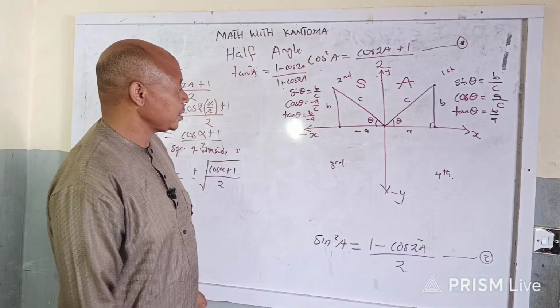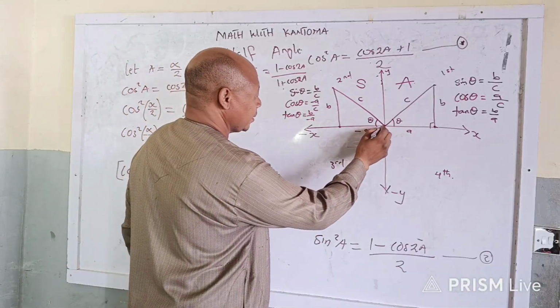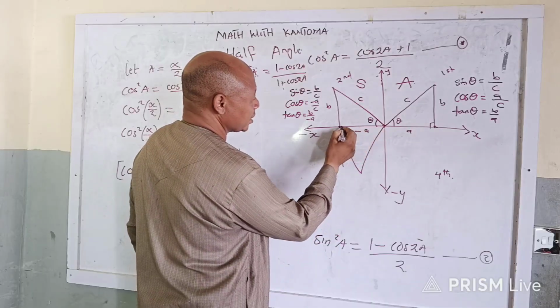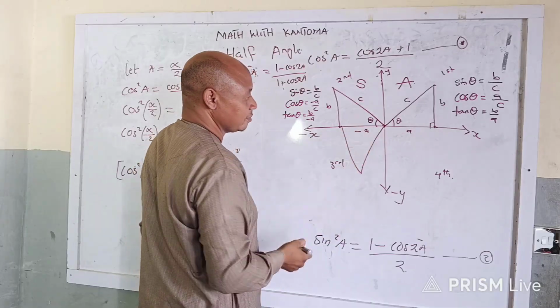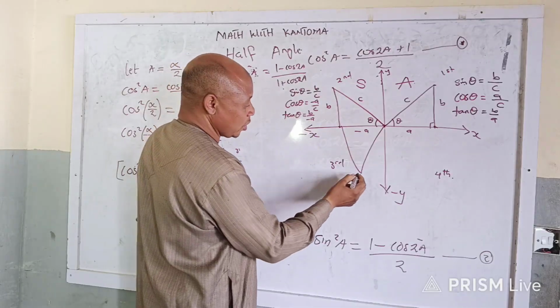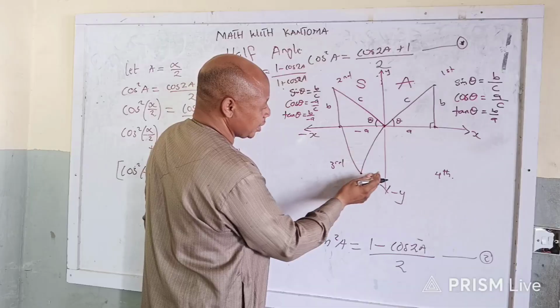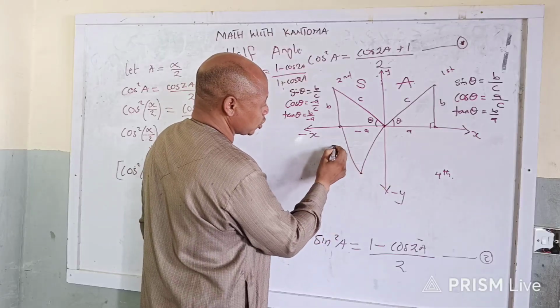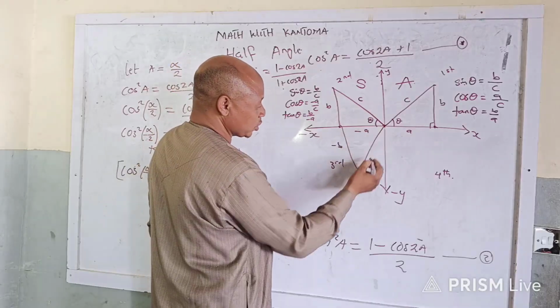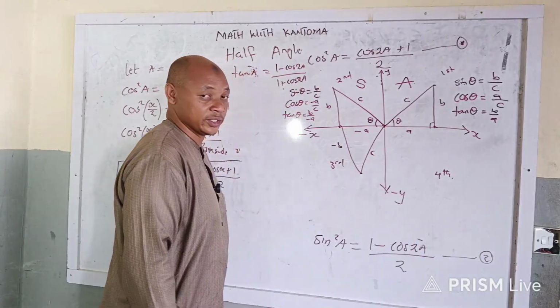So now taking the third quadrant, this is my third quadrant. On the third quadrant, the distance from here to here is also negative a because it's on the negative x-axis, while the distance from here to here is on the y-axis and is also negative b. So it's also a negative value, while the slope is also positive, which is c.